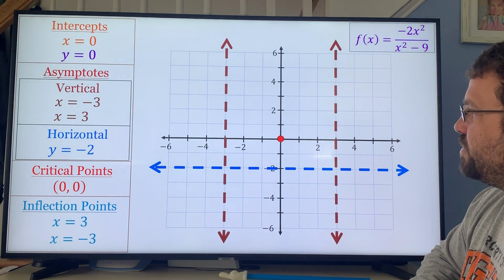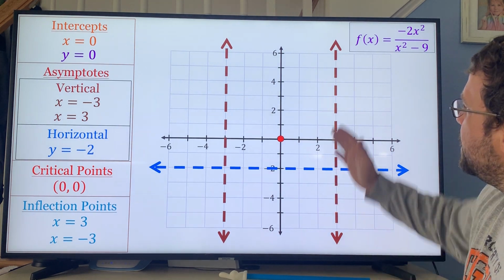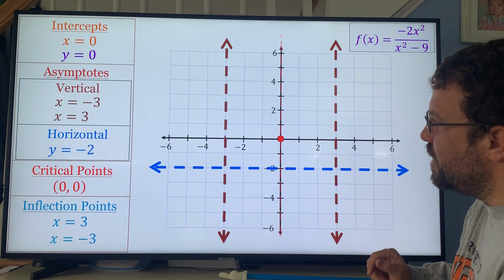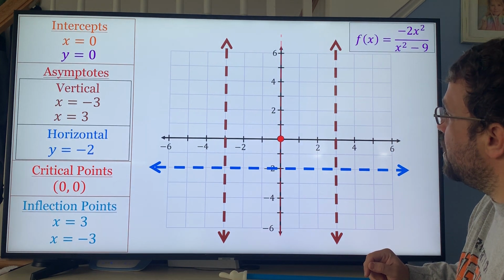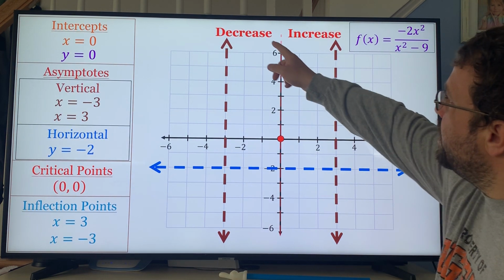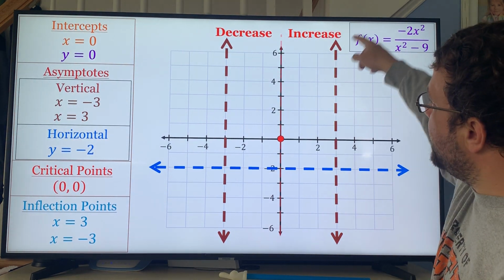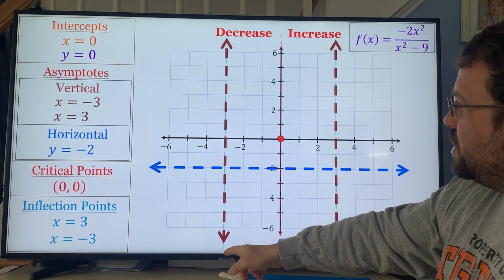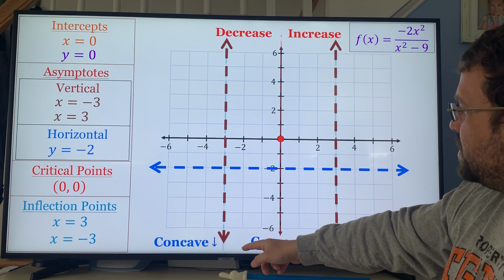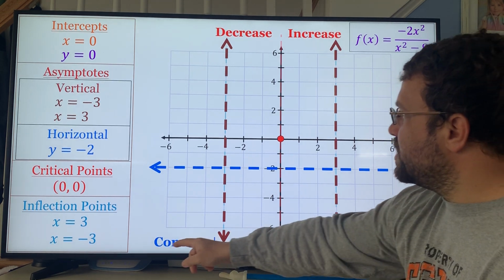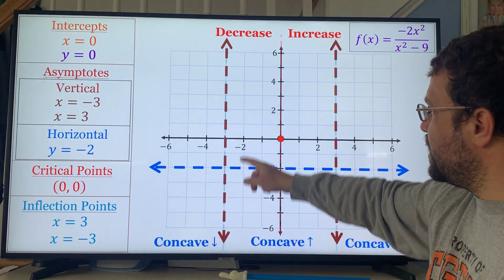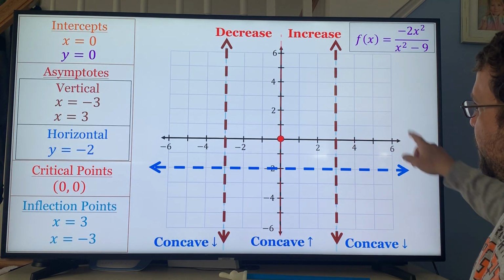The inflection points are at the two asymptotes right here. At the critical point, it's going to decrease till it gets to this point and increase afterwards. Your concavity is down, up, down. So it's concave down here, concave up this whole section, and concave down afterwards.